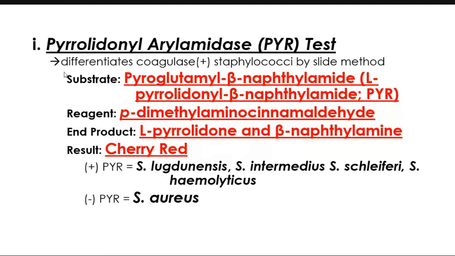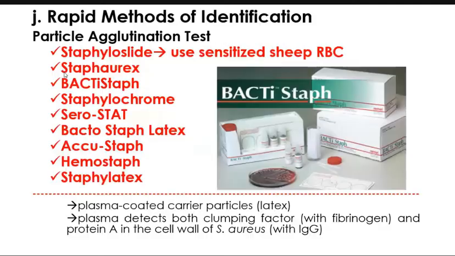Kasi kung coagulase positive, then it is our Staphylococcus aureus. So again, you have there the substrate and the reagent, and of course, the end product wherein the result would be cherry red. So, ang negative lang dyan would be your Staphylococcus aureus, and the rest of your Staphylococcus are PYR positive.